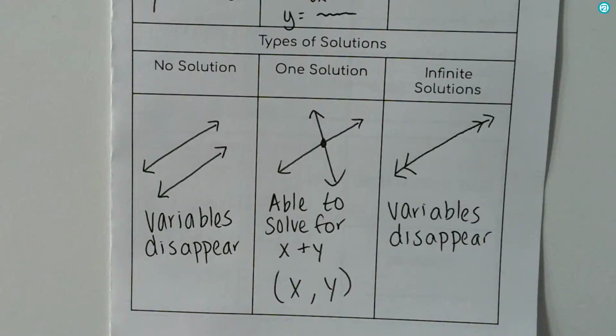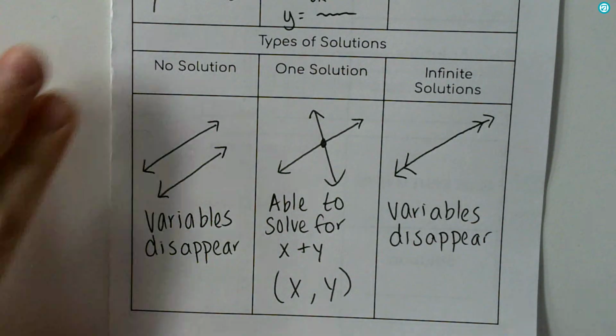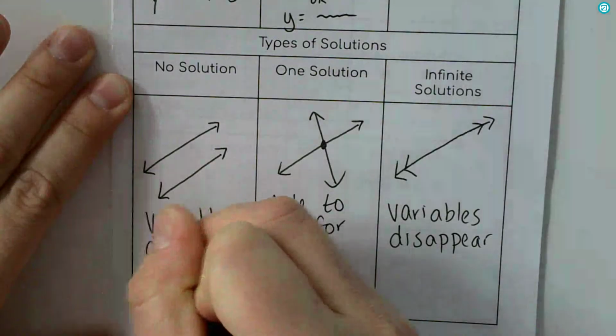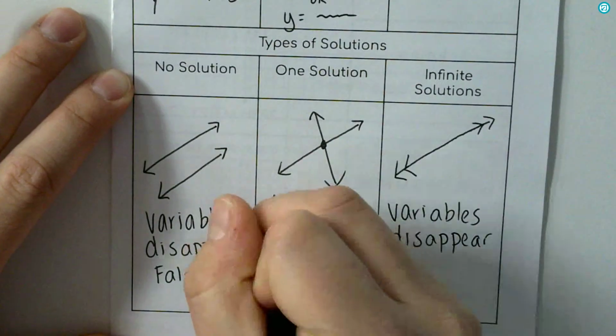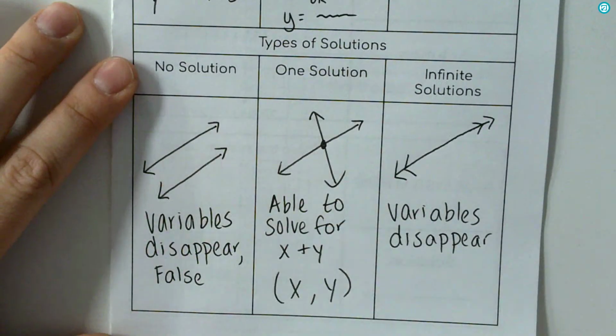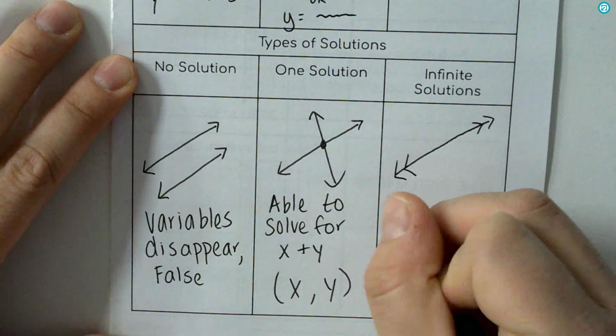The difference, however, is what gets left behind. So for no solution, your variables all disappear and you are left with a false statement. For infinite solutions, your variables all disappear and you are left with a true statement.